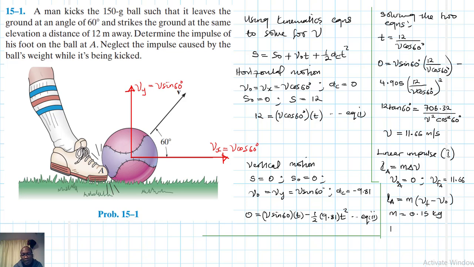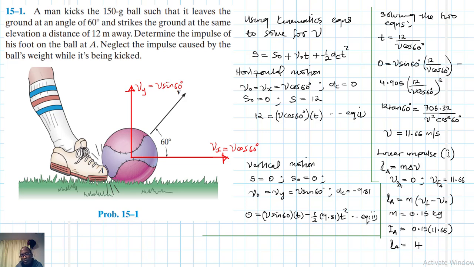Our I at A is going to be equal to m, which is just 0.15, times V final minus V naught, which is 11.66. So if we do the multiplication, 0.15 by 11.66, this is 1.749.